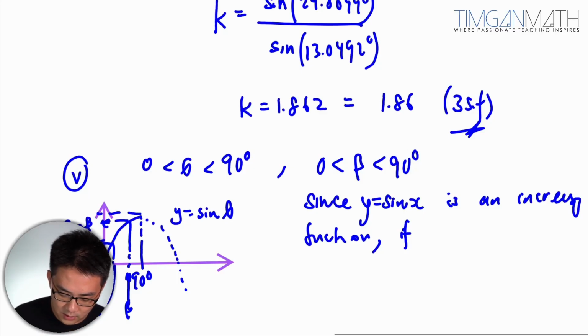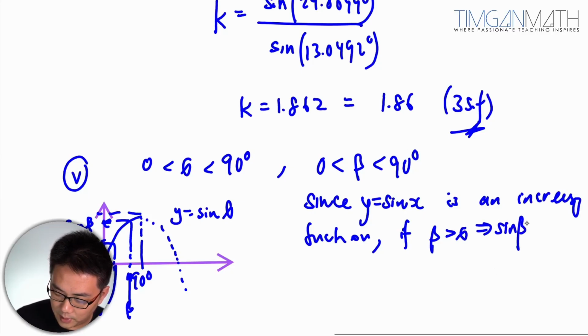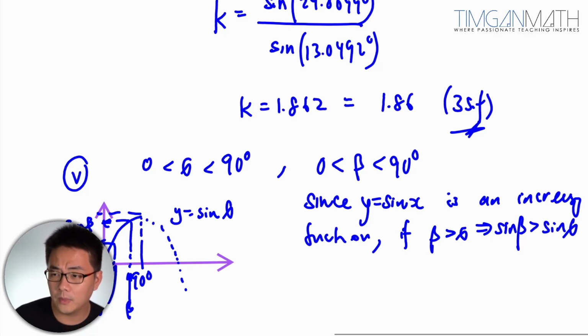So this is sine theta over here. So if beta is bigger than theta, this implies that sine beta is bigger than sine theta.